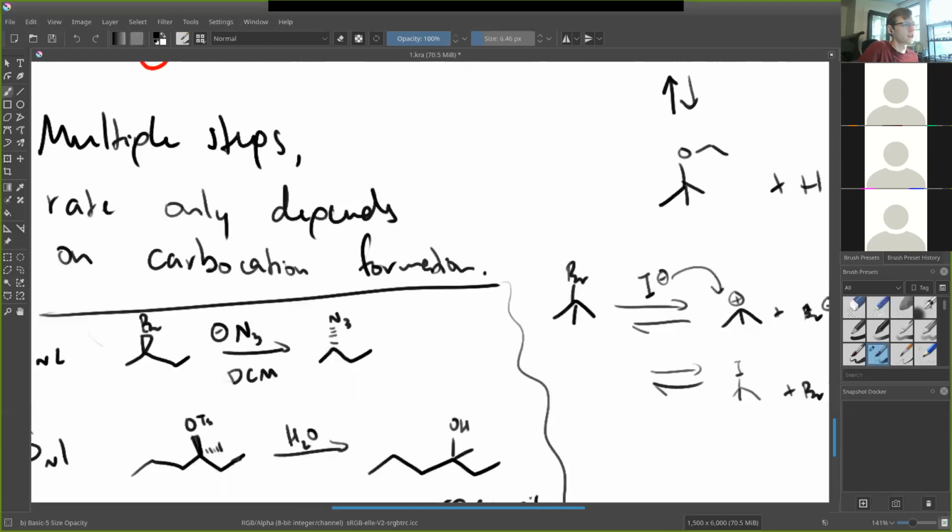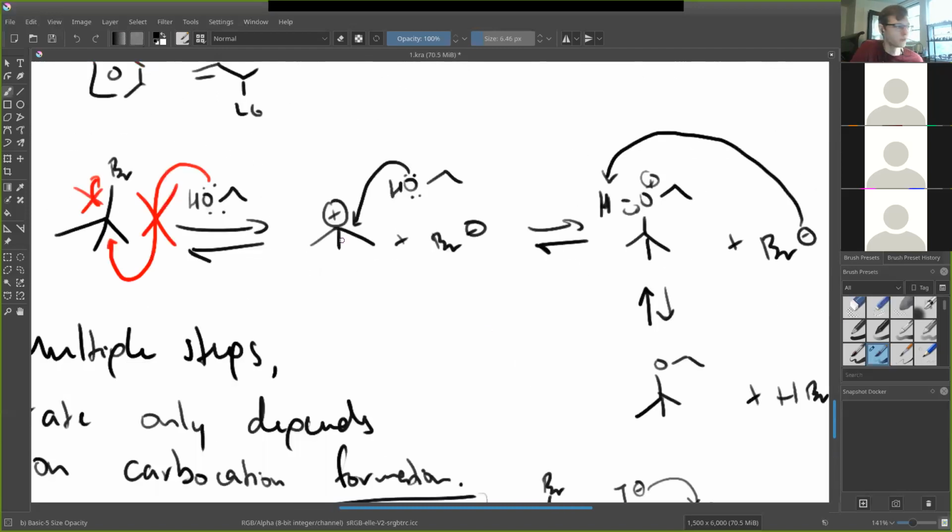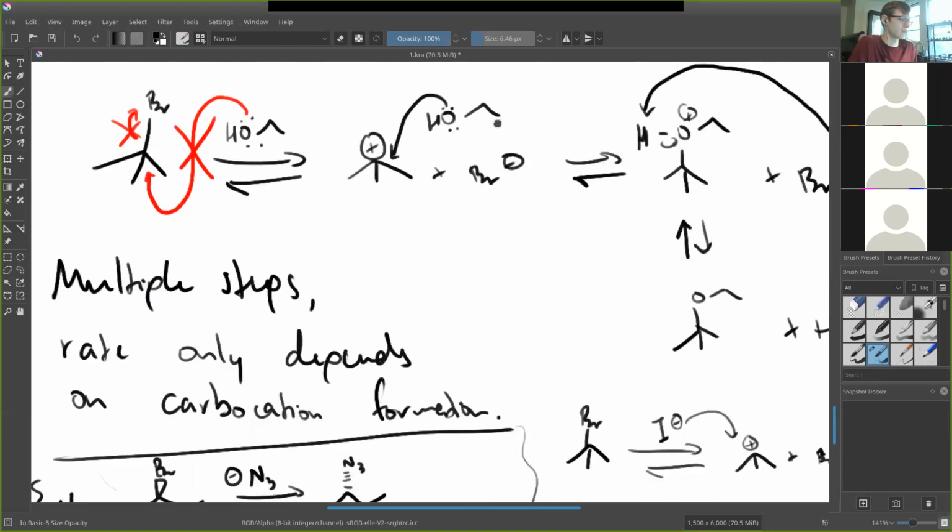Because over here, this is sp2, this positive charge. Or in other words, it's just flat. And this OH here, if this thing is flat, the OH can come in either from the top or from the bottom. And depending on which it does, it'll make a different thing.